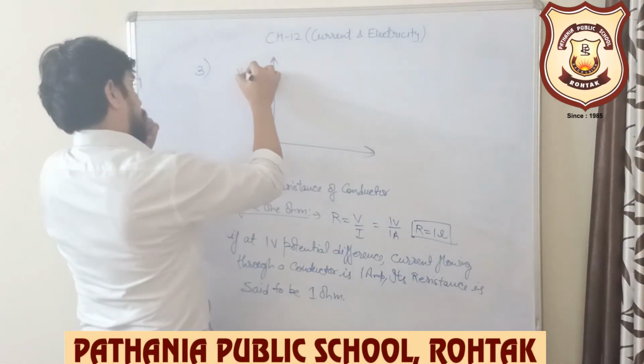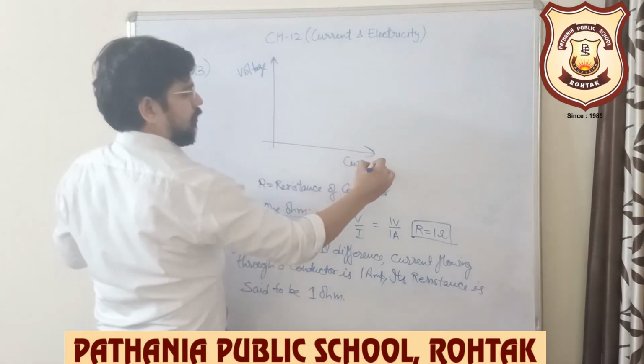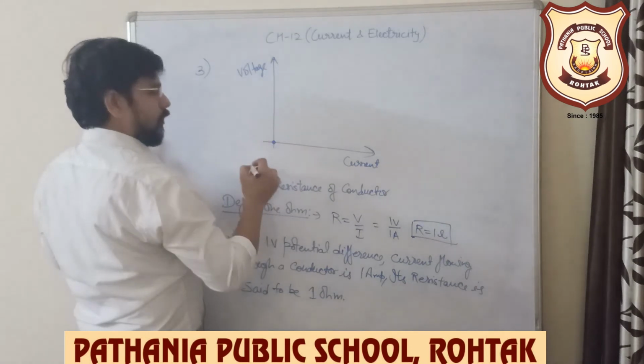If this is your voltage and this is your current, then we know that at 0 voltage, 0 current is there.